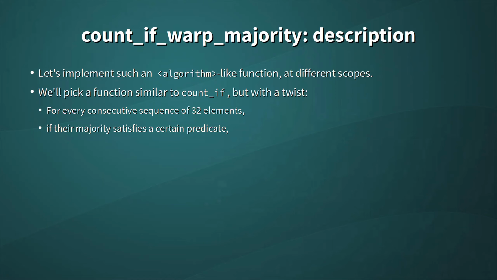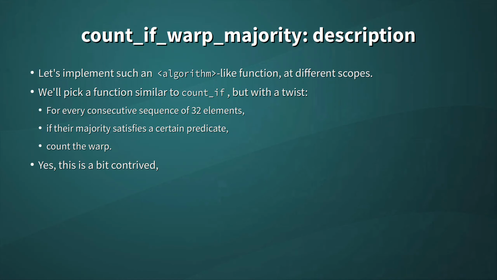Then I'm going to take the majority vote on every 32 consecutive elements. And if the majority vote is satisfied, then I want to count this warp as one of my warps that has a majority satisfying.